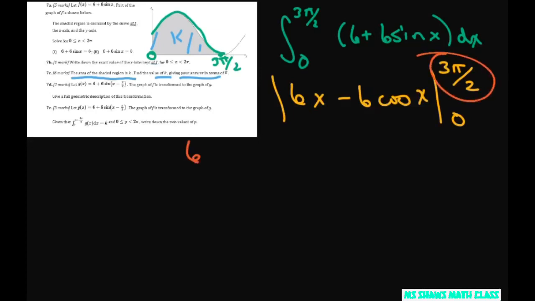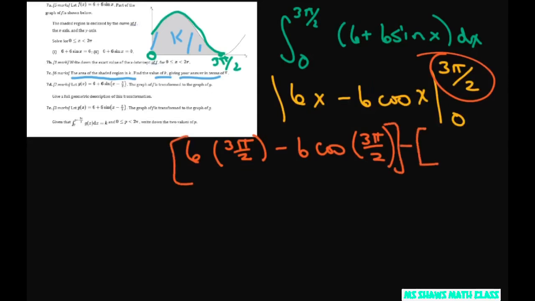You get 6 times 3 pi divided by 2 minus 6 cosine of 3 pi divided by 2. Okay, and then minus, you put in 0. So this will be 0 minus 6 times cosine of 0.